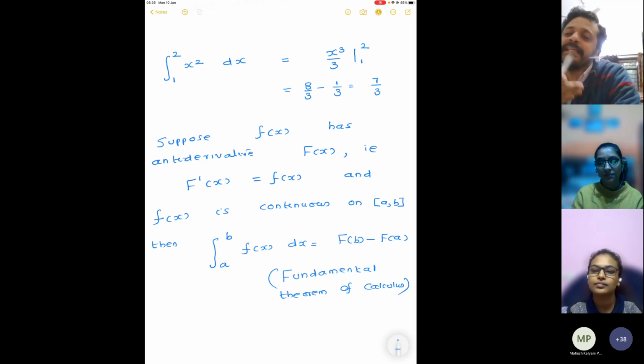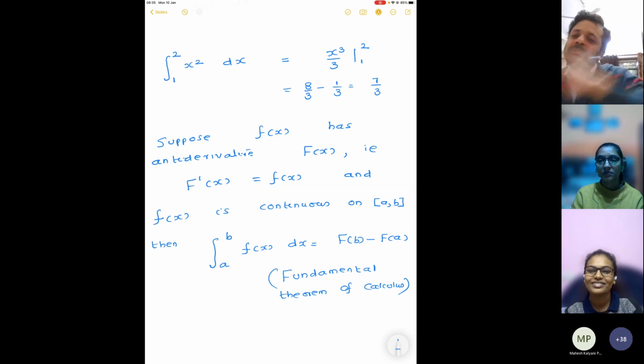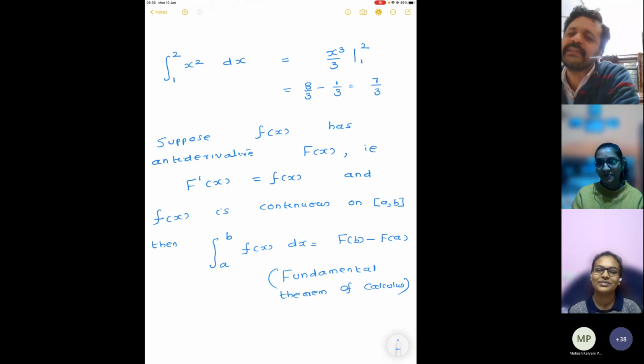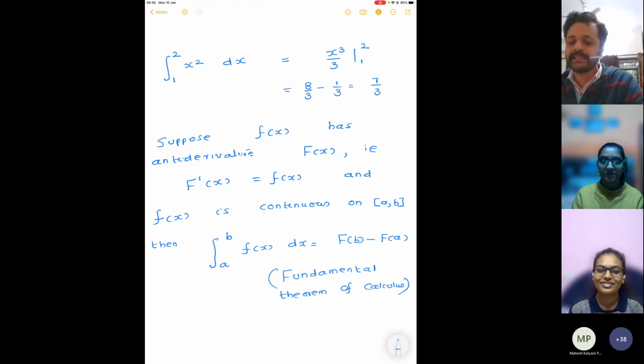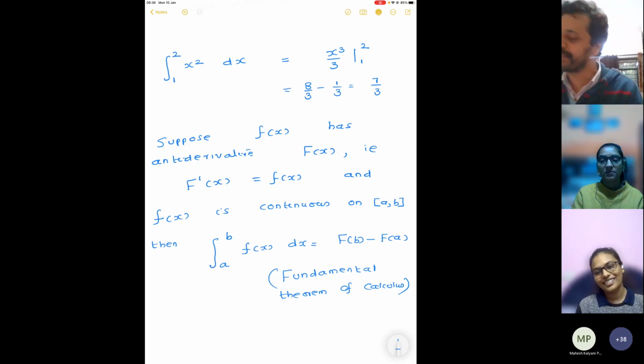And he compares it with old Hindi movies where there will be two twins born at the same place but separated because of some reason, and finally in the climax somebody comes and identifies that these two people are twins with some evidence. Okay, so like that, the fundamental theorem identifies these two are same. But that's not what I wanted to say.